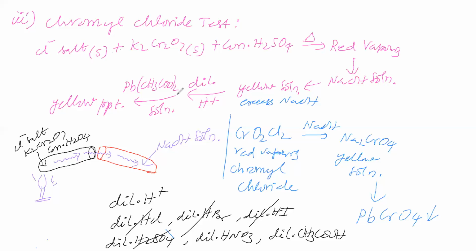That sodium acetate increases the solubility, in the sense that lead acetate is freely dissolved in water. From this solution we get lead ions. This lead ion combines with the chromate and gives lead chromate, a yellow precipitate. So this indicates that we can add dilute acetic acid.